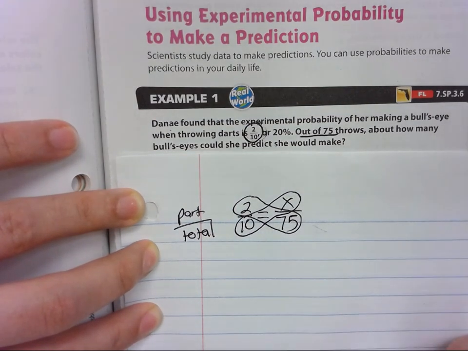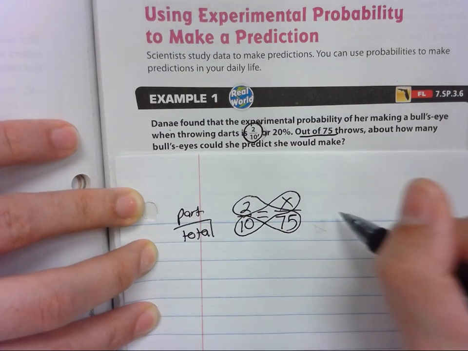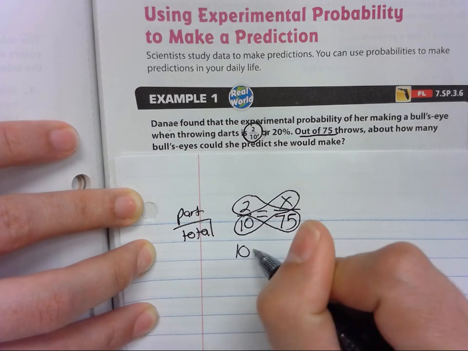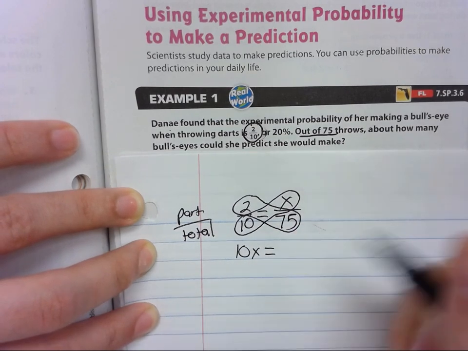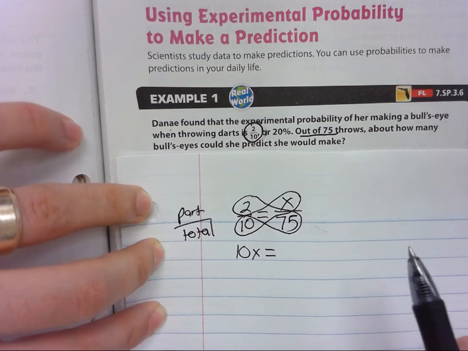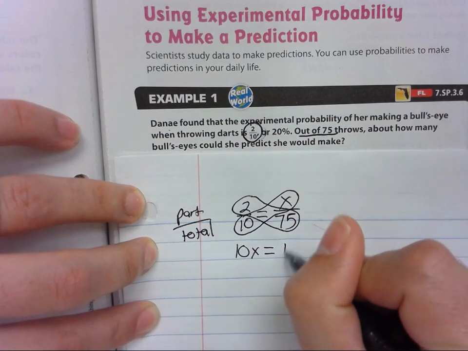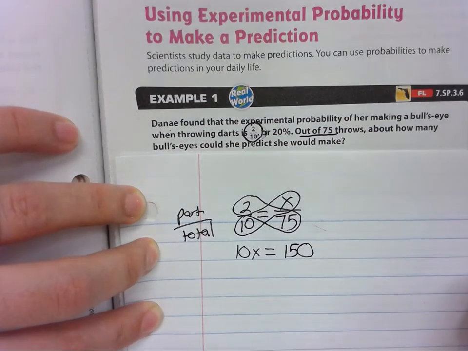Ten times x. We'll just go straight down. 10x equals 75 times 2, 150.